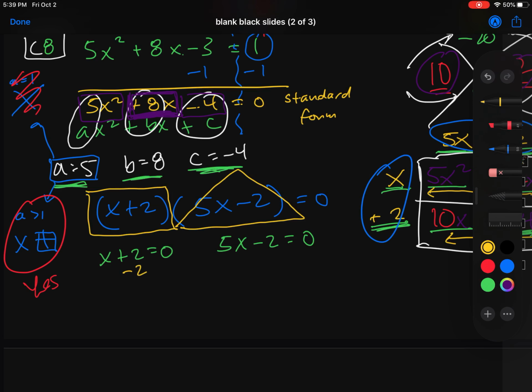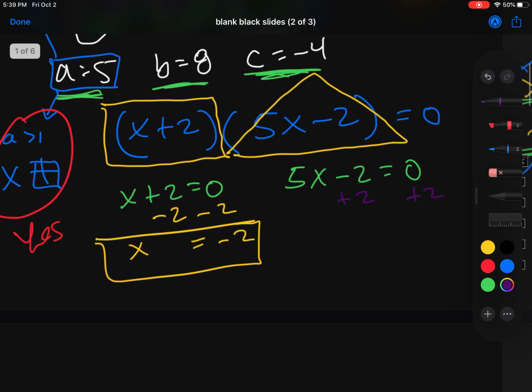I'm just going to subtract 2 here. x equals -2. Let's add 2. I get 5x equals 2. And then I divide by 5, x equals 2/5.